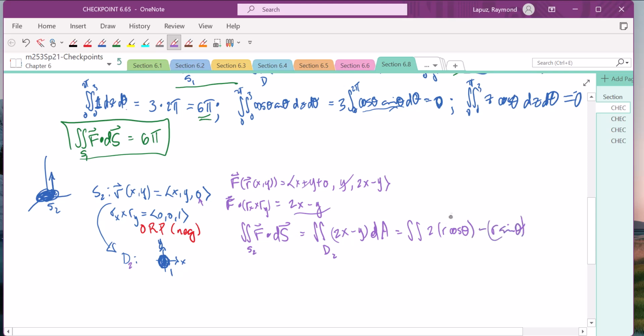So the x and the y got changed into polar coordinates. And remember that you have to include the r dr d theta. r goes from our domain, 0 to 1, and theta goes all the way around from 0 to 2 pi.